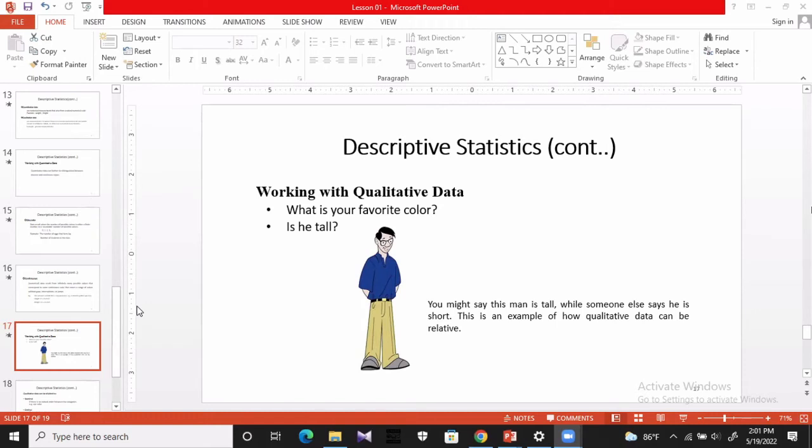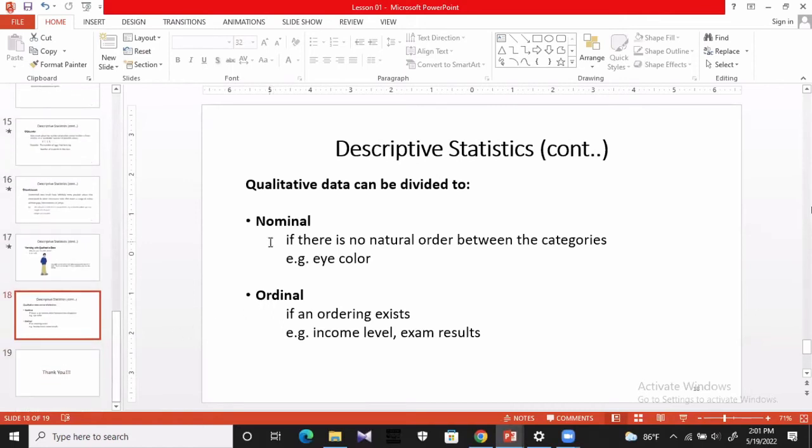We can actually convert. How can we convert it? That's why I have given you two major parts of qualitative data, nominal and ordinal. Qualitative data further can be divided into two parts, nominal and ordinal.